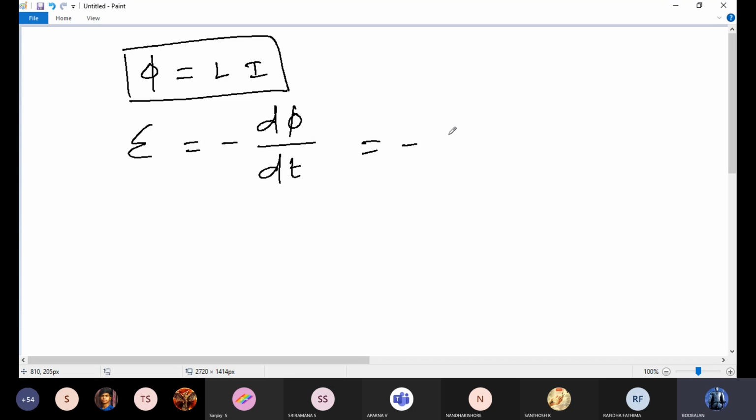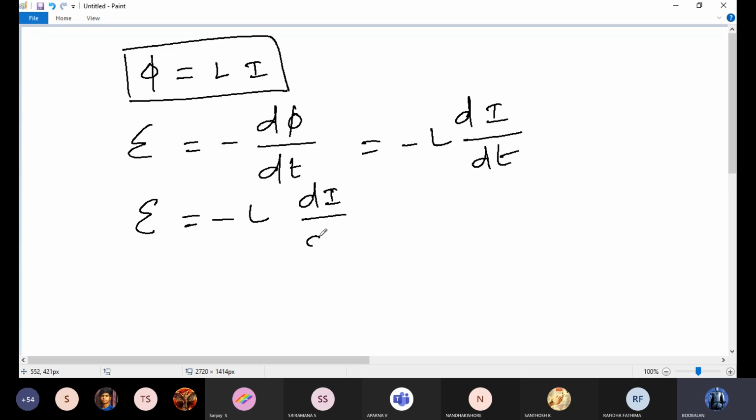So minus L, L is a constant, that is a coefficient, di by dt. So E is equal to minus L di by dt. So this is the formula for finding the EMF of self-inductance.